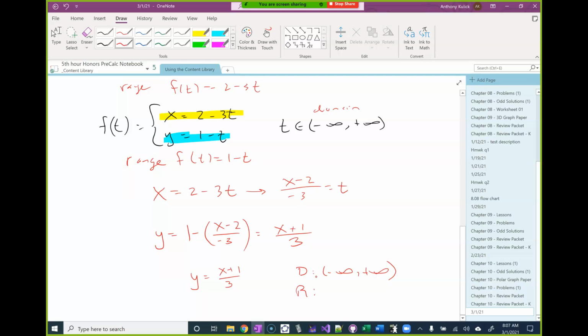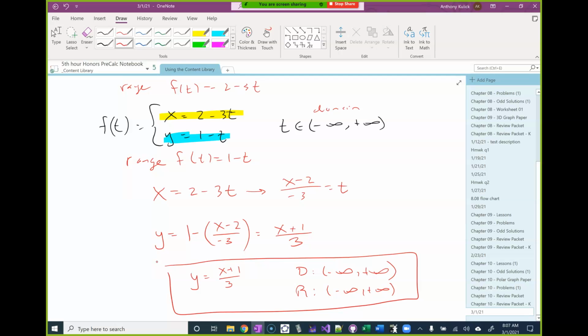If the domain for a linear function is all real numbers, what does its range have to be? All real numbers. So this one, nothing special happened. Its domain and range would be exactly its implied domain and range. Let's look at an example where that doesn't happen. Sound good to you guys?